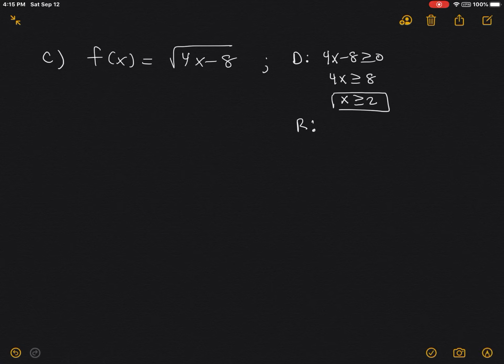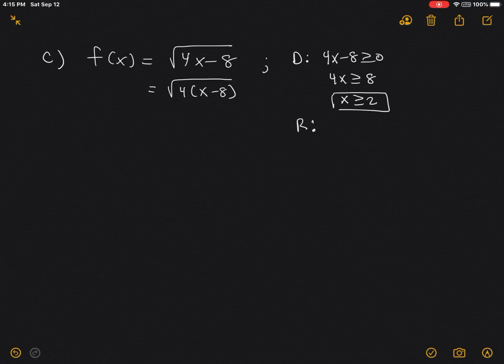Now, if I were to ask you to figure out the range, right? So let's just verify this graphically right now. This is basically your even root function. If we want to think about transformations, right? Shifted 8 units to the right, but a horizontal shrink by a factor of 1/4.